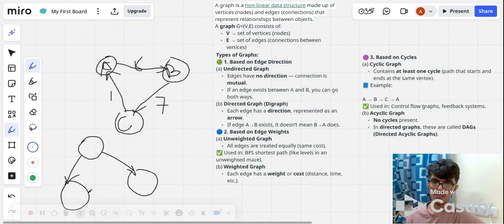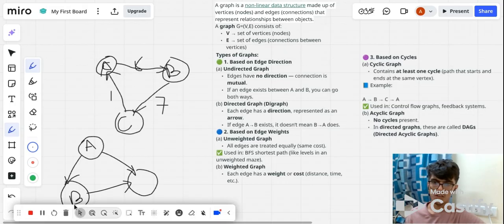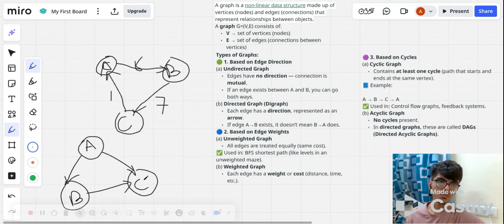Even if I add some node here, this is still an acyclic graph, because starting from this node you cannot reach back to this node by following any of the paths it has. Starting from this node you cannot reach back to itself following any path. So this is the difference between cyclic and acyclic graphs.